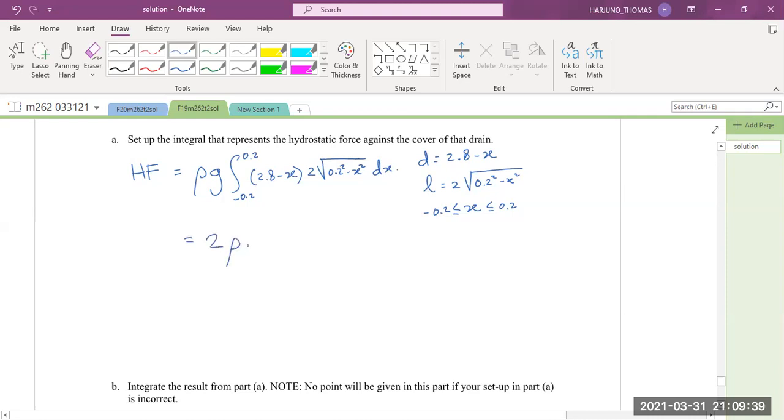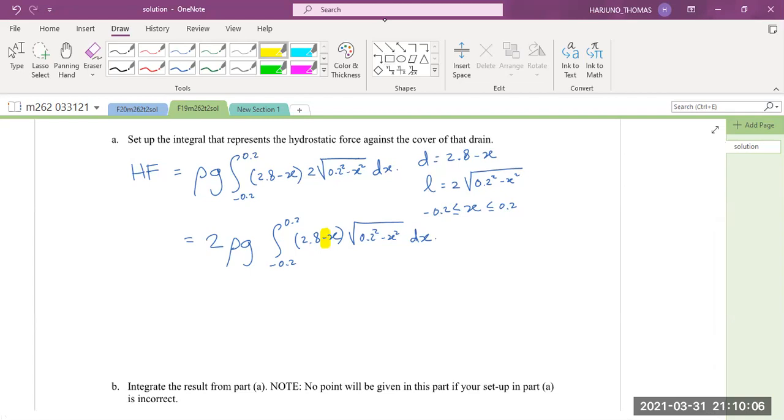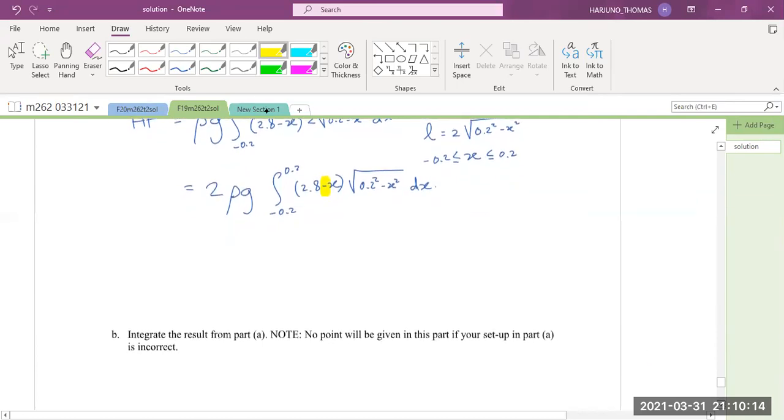That's 2 rho g integral negative 0.2 to 0.2 of 2.8 minus x times square root of 0.2 squared minus x squared dx. Now let's mark it again. This is where we are different, right? Mine is minus, yours is plus. Agree, Robert? I'm not saying yours is wrong. Yours is also right. Now, you will see that when I integrate them, let me separate them first.